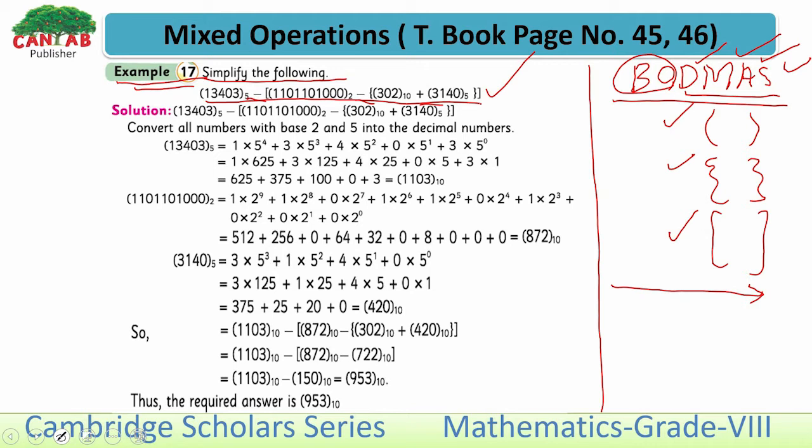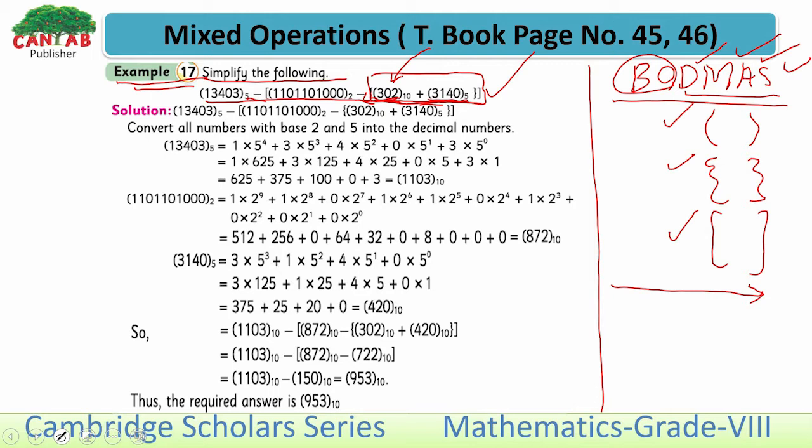Look at this portion. First, one number is from base 5 and the other number is from base 10. We'll convert, because in this expression there is one number having base 10. So we'll convert all the numbers into the base 10 number system and then perform addition.